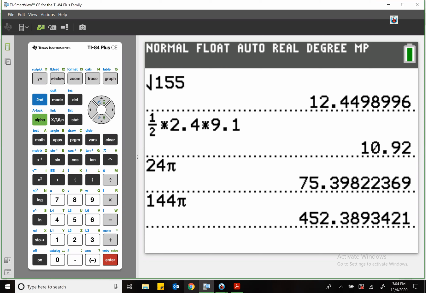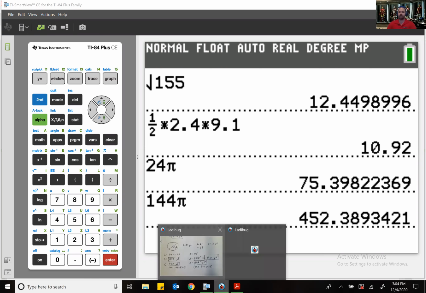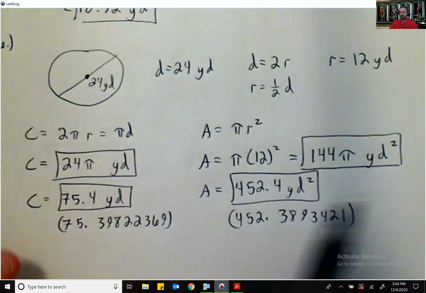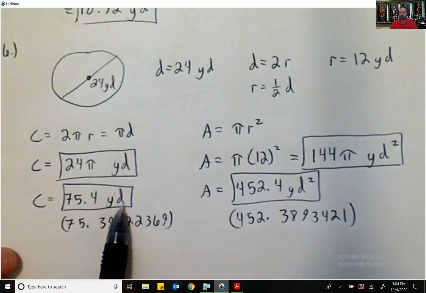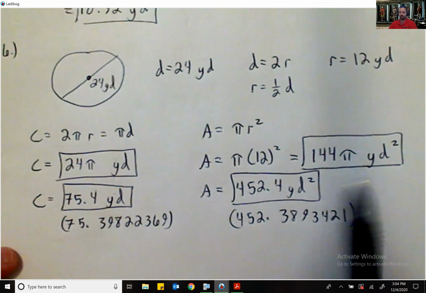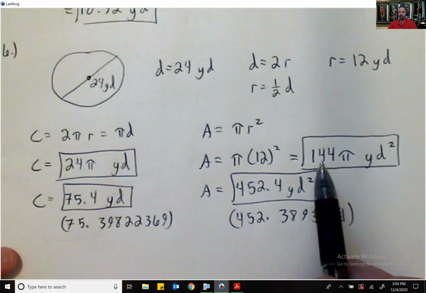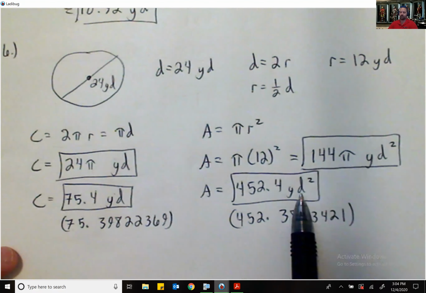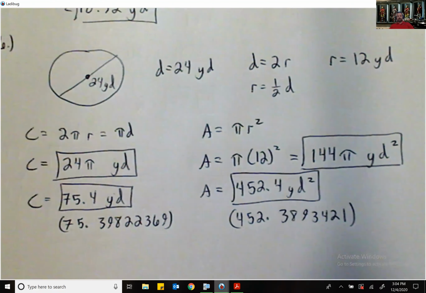Perfect. 452.4 yards squared. So these are the answers they're looking for: the exact circumference, the rounded circumference, and its labels; the exact area, the rounded area, and its two labels. That's number 26.